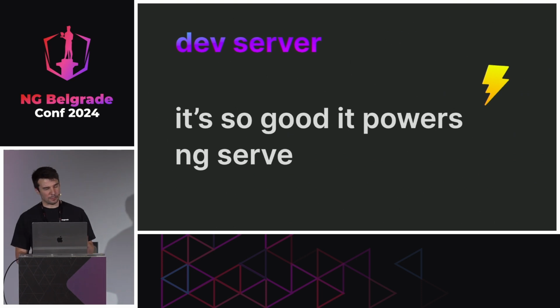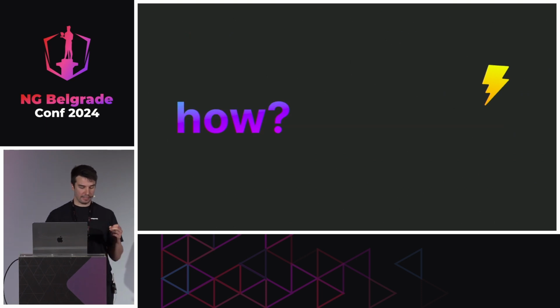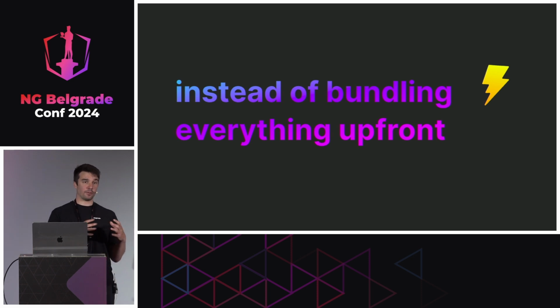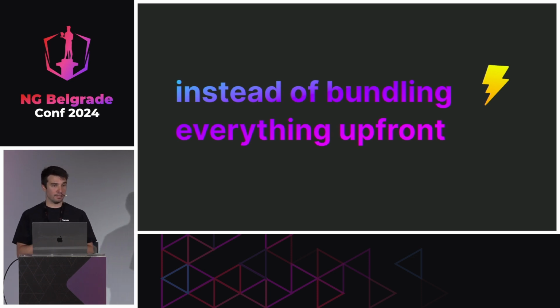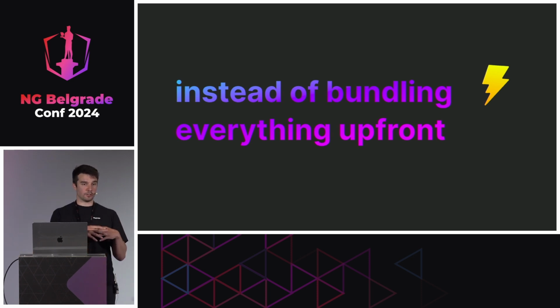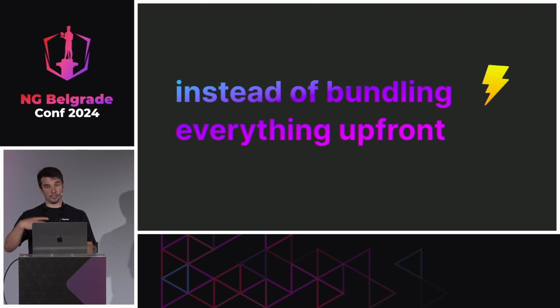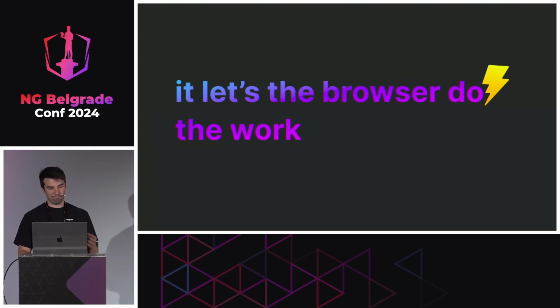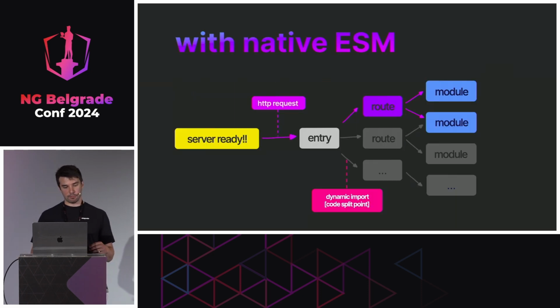And you're wondering, how is it so good, right? It does something pretty smart. Instead of bundling everything up front, like Webpack did, where even for the dev server you had to traverse all your source code and bundle it up front, and once it built the bundle your dev server became available, Vite does something very smart. It doesn't do as much work, and it just lets the browser do that work for you. So what do I mean by that?